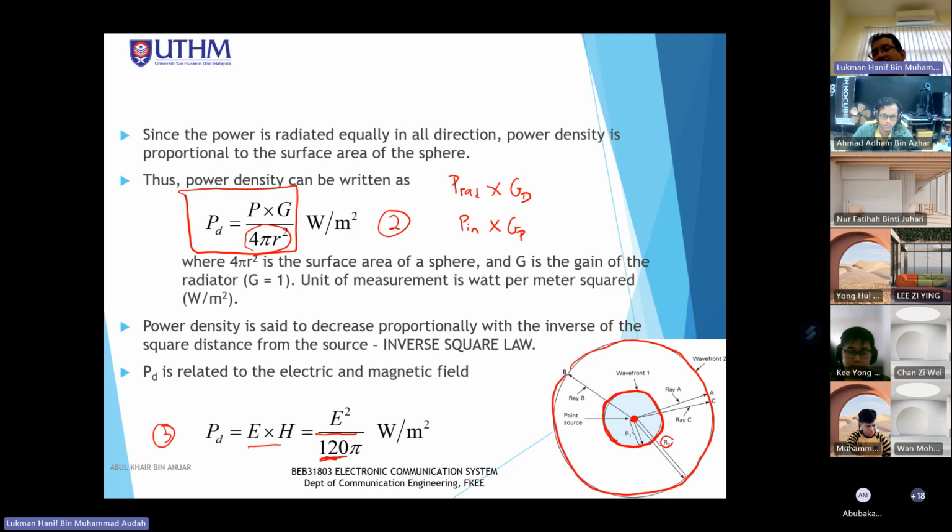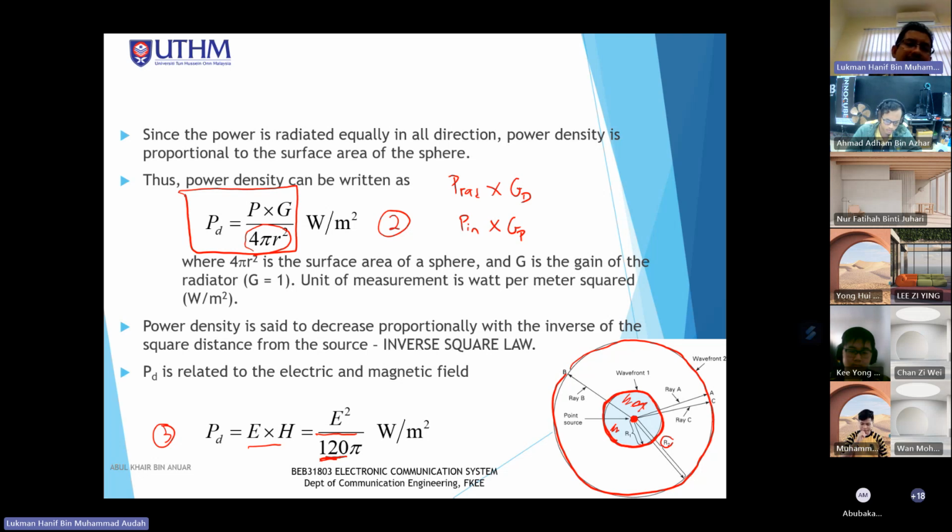You're going to see later that the further away we go from the antenna, the power density becomes less. That means power density at distance R1 is higher compared to the power density at distance R2. So power density at a longer distance is smaller compared to a shorter distance.